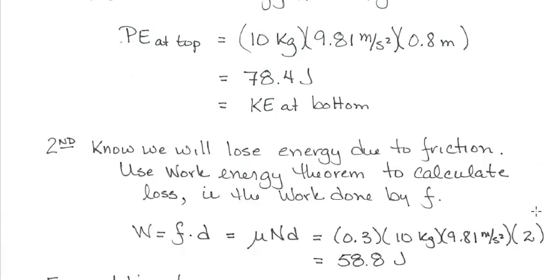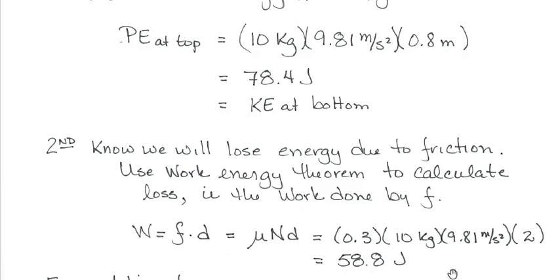So now we're going to use our work-energy theorem to help us figure out the energy that's lost due to friction. Or in this case, what's the work being done by friction? So we're going to look at the magnitude here. Work is equal to the force due to friction dotted with the distance, or in this case, it's going to end up being the magnitude of, remember, friction is fun, mu times the normal force times the distance.